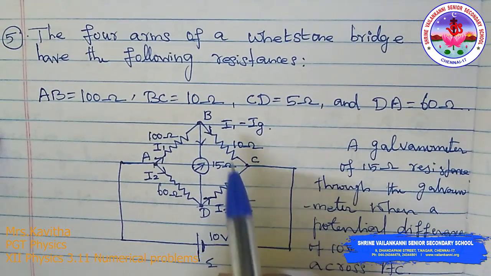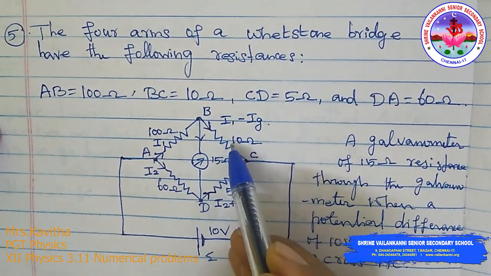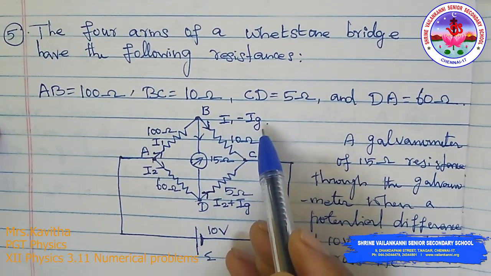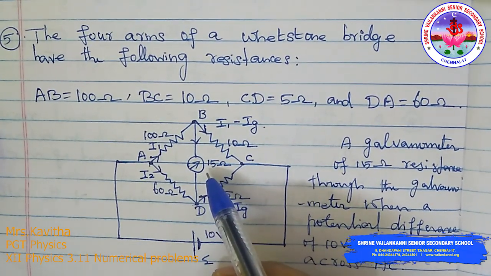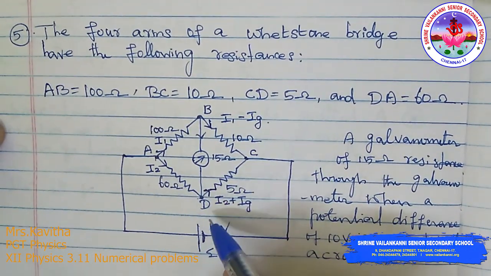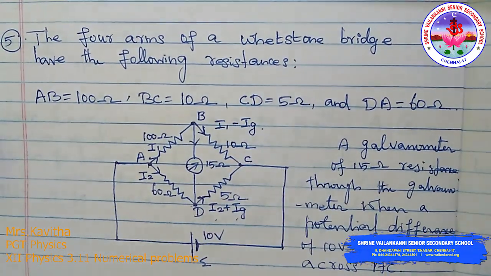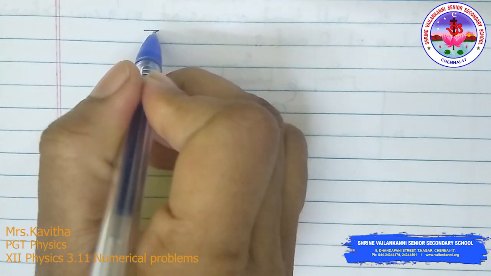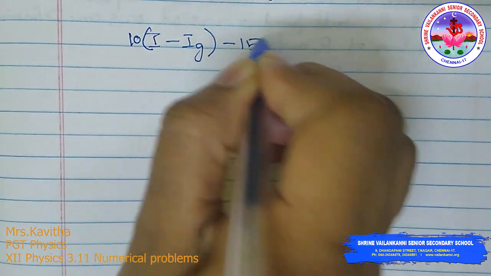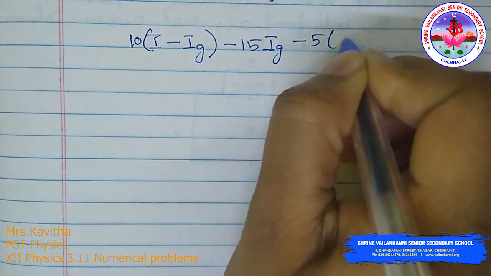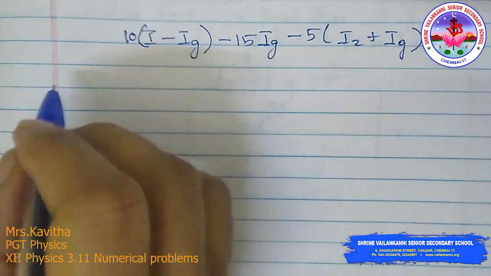Next, the loop BCDB. We get 10 into (I1 minus Ig), then in the opposite direction minus 15 Ig, and minus 5 into (I2 plus Ig), equal to 0.